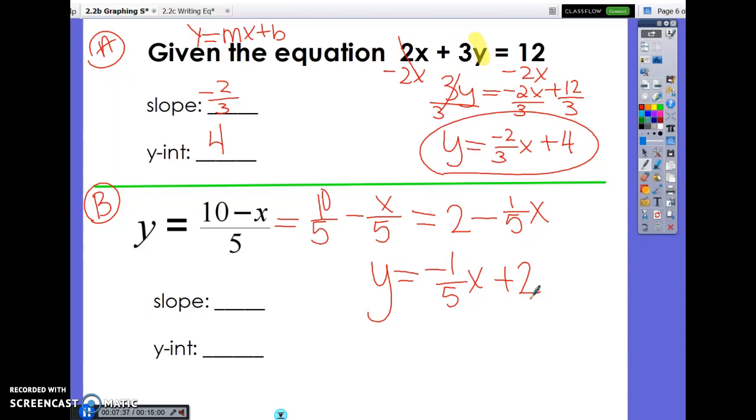And we have slope-intercept form. So if we're looking at this, m is negative 1/5, and b, our y-intercept, is 2. So occasionally we'll need to tweak or rearrange our equation slightly in order to put it in that slope-intercept form.